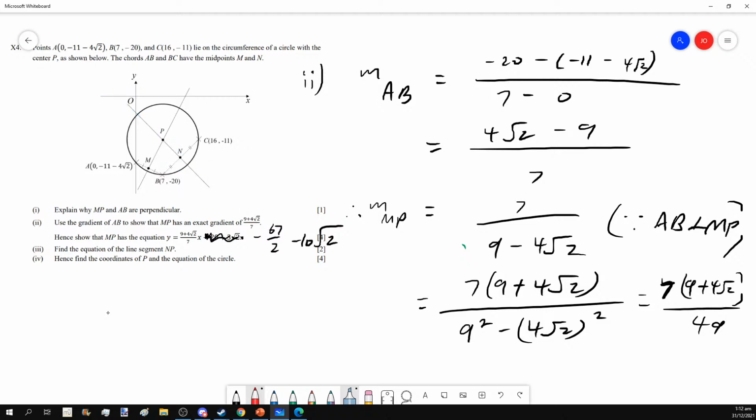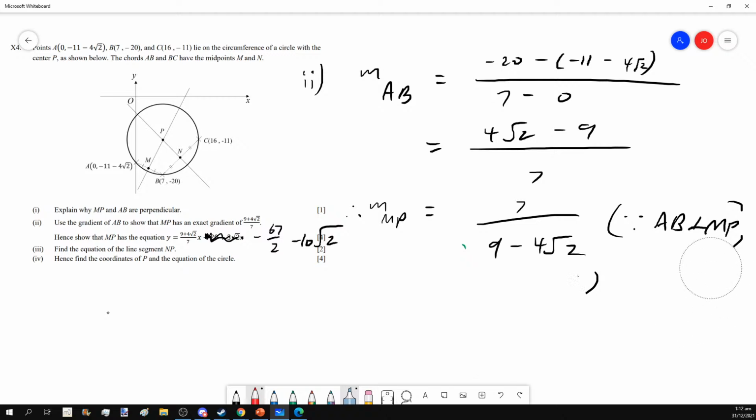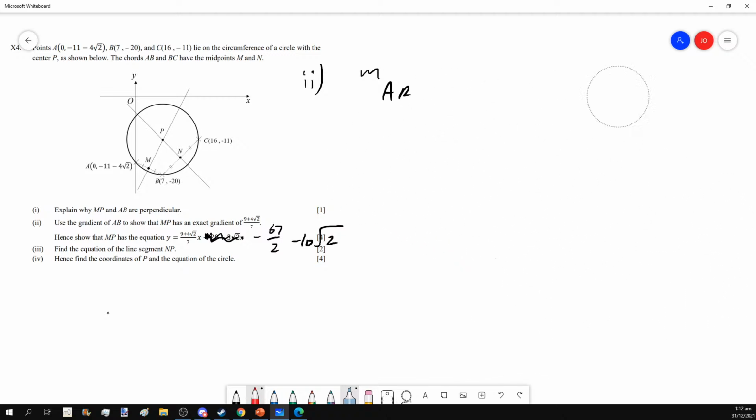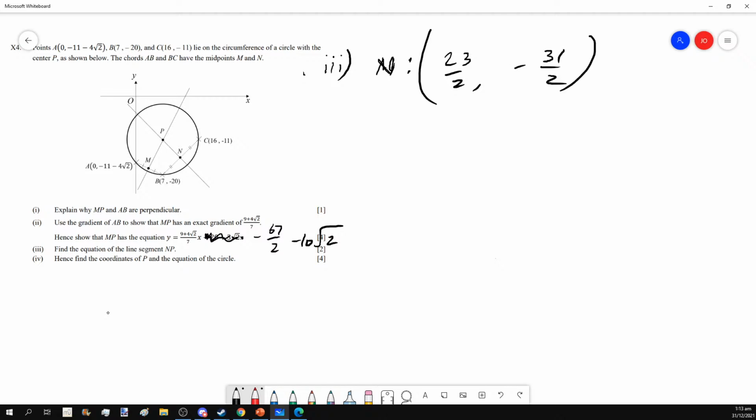As it turns out, you can simply do the same thing, more or less, because once again, this is a chord, which means we can do the perpendicular bisector trick yet again. So let us start with the midpoint, and we will simply take the average of the x coordinates. So 16 and 7 give us 23 over 2. The y coordinates, negative 11 and negative 20, give us negative 31 over 2, right?